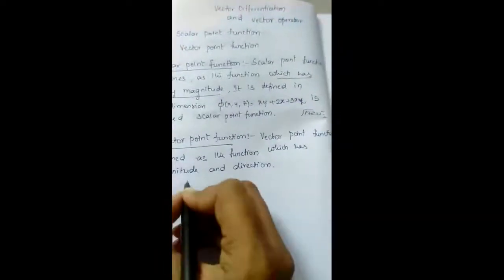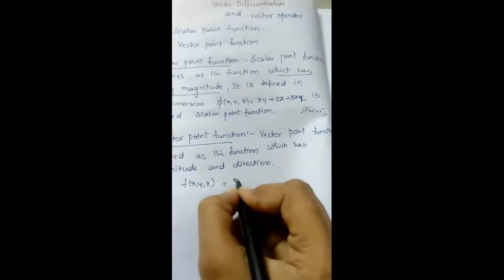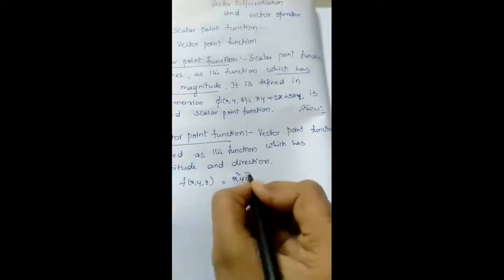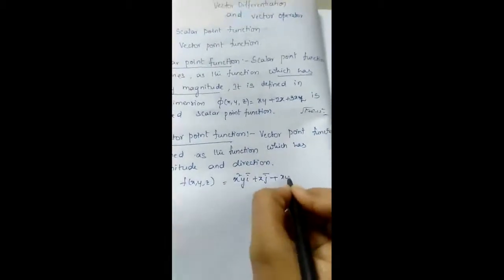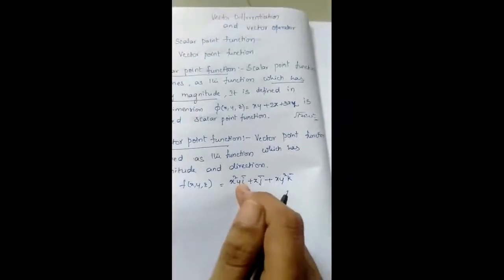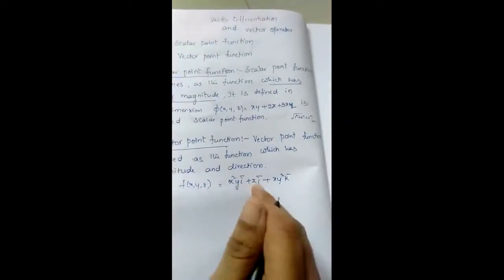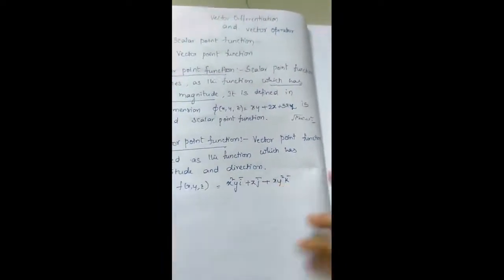If you represent a function of x, y, z as x square y i bar plus z j bar plus x y square k bar, this has three directions: i along the x axis, j along the y axis, k along the z axis.